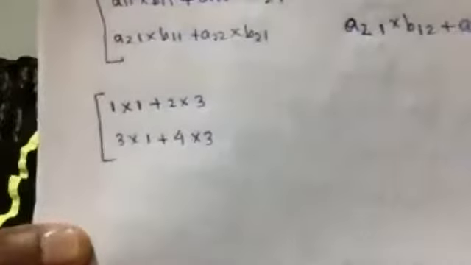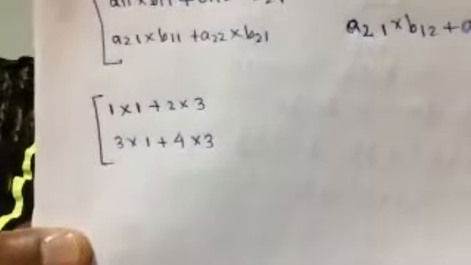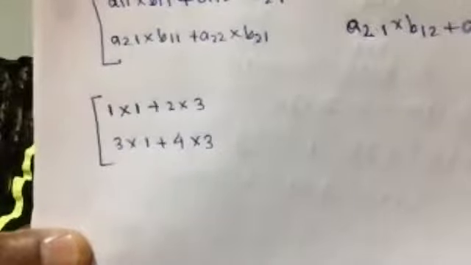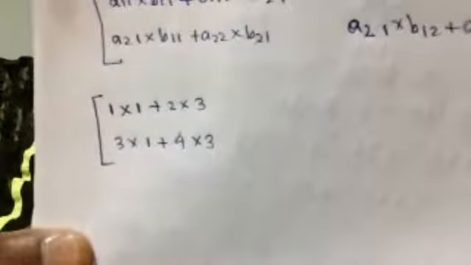Is it correct? First part, if I substitute the value in the address. Yes, sir. The next part is A11 into B12 plus A22 into B22.